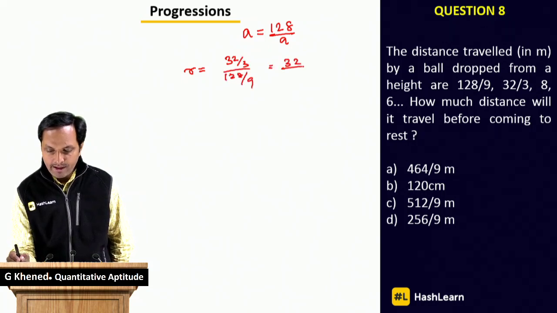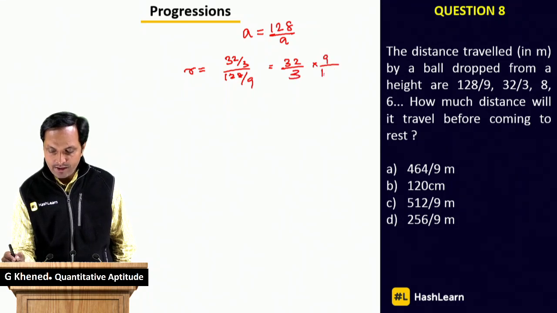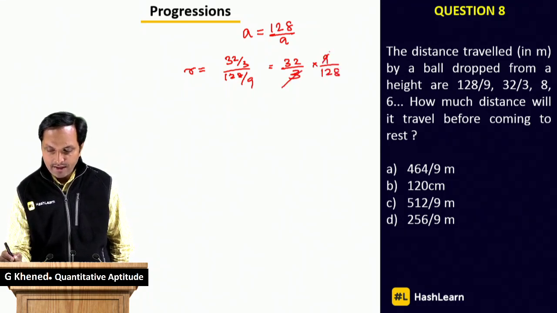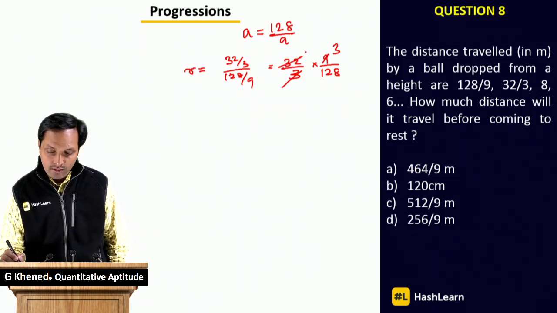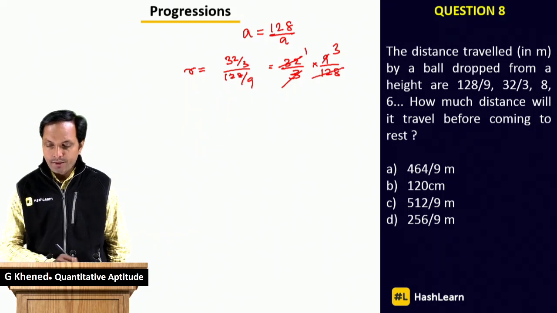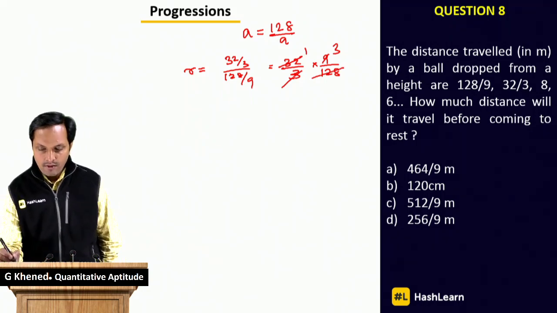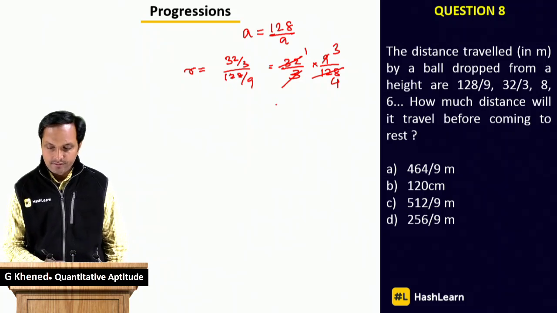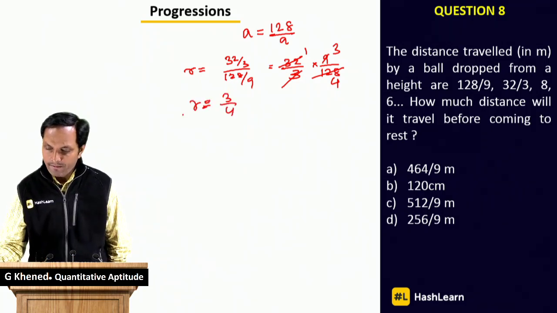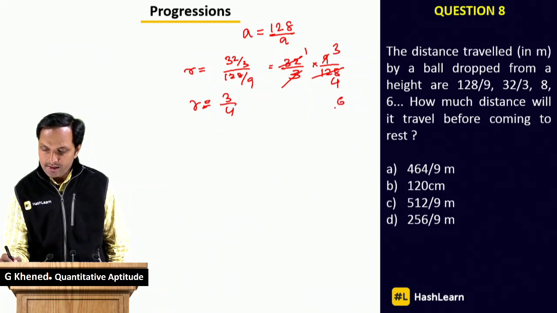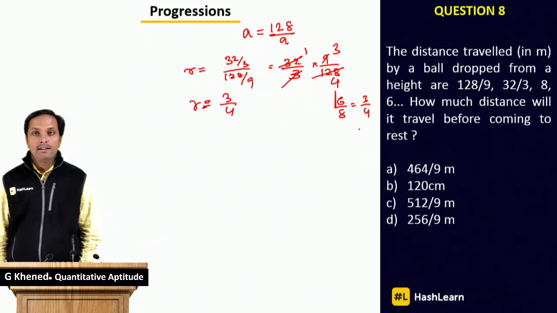So 32 by 3 into 9 by 128. 3 ones are 3, 3 threes are 9. 32 ones are 32, 32 fours are 128. r is 3 by 4. You can also cross verify. 6 by 8 is again 3 by 4.